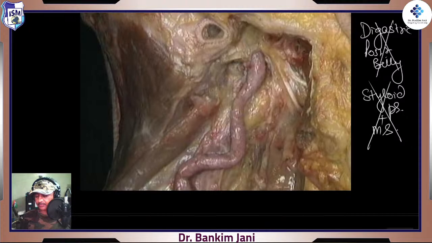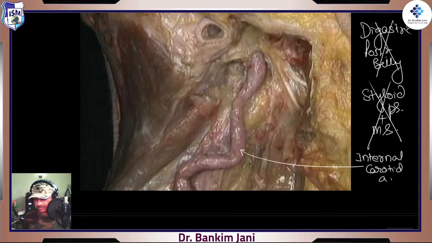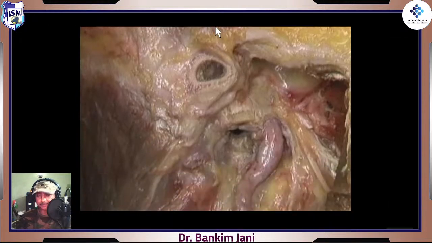In other words, we have cleaned that area where we really see this internal carotid. This is the internal carotid. Now see, the internal carotid is so focused. It is not giving any branch, it is simply traveling all the way. Where would it really reach? Here it is.